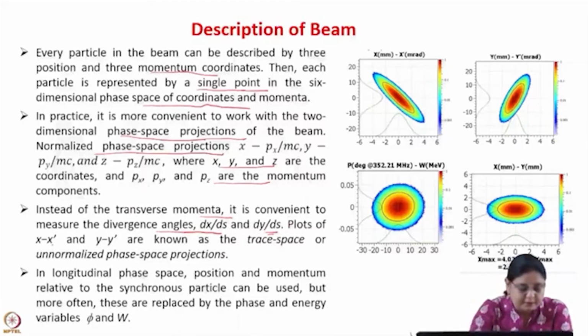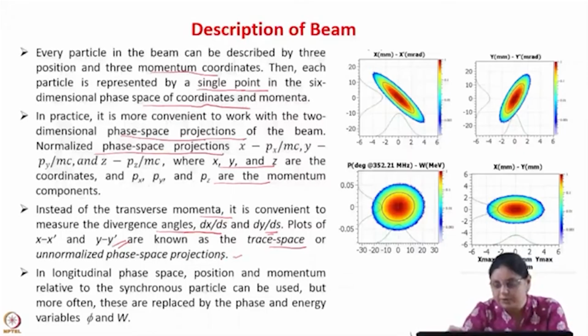So plots of x and x prime and y and y prime are known as trace space or unnormalized phase space projections. So you can see here, this is the projection in x prime. This is a projection of the beam in y prime. This is in real space x and y. And this is in the z direction in terms of phase and energy.